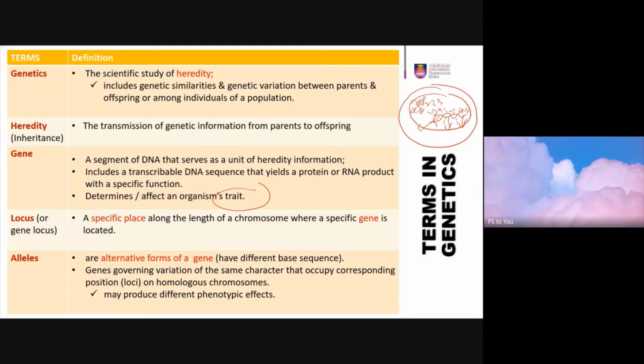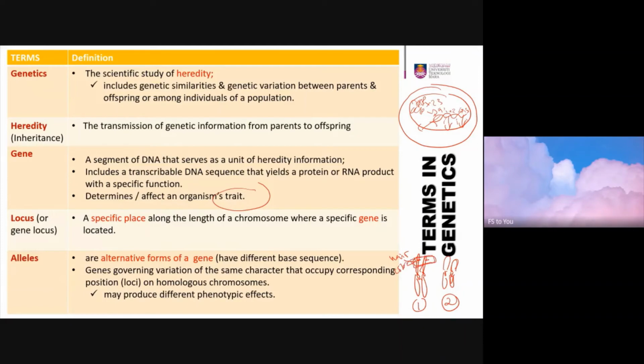Okay, so locus, or gene locus, which is a specific place along the length of a chromosome where a specific gene is located. So ini chromosome, okay, homologous chromosome. Okay. So ini kromosom 1 contoh, kromosom 2. Okay. So dekat sini adalah gene untuk control hair color contoh.